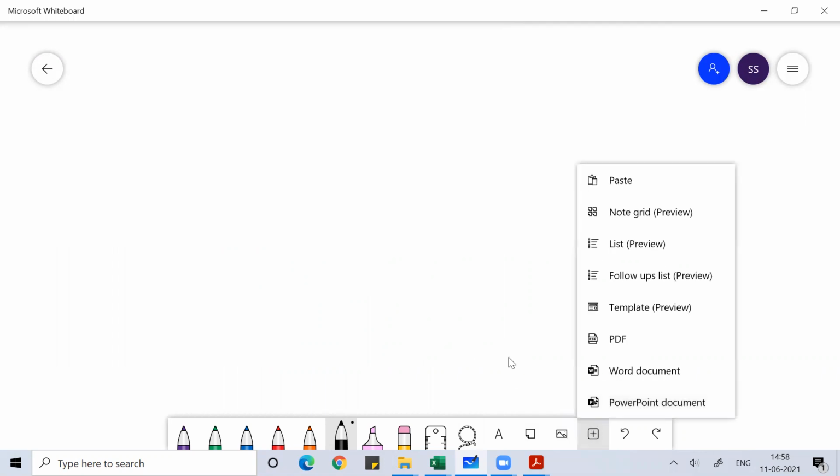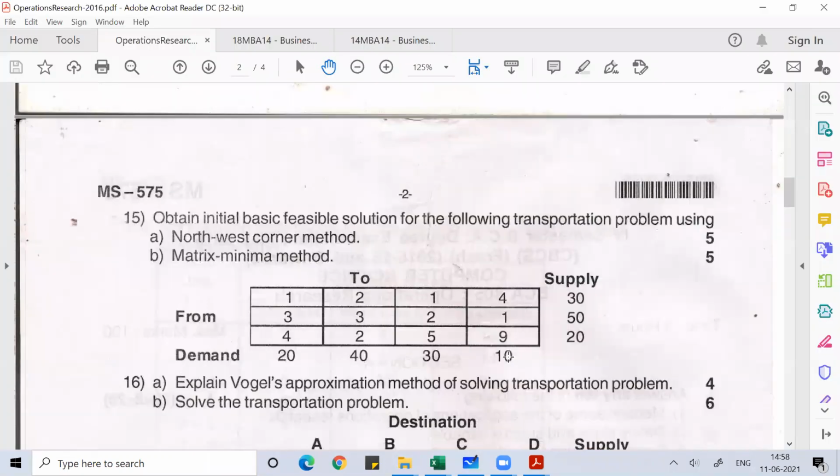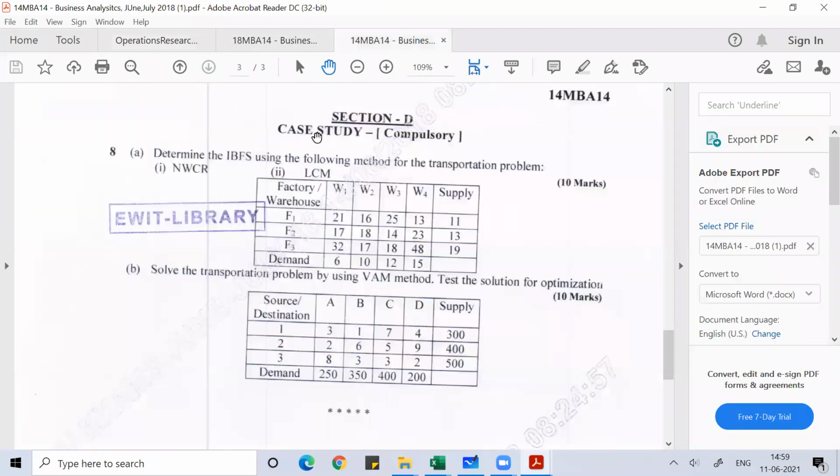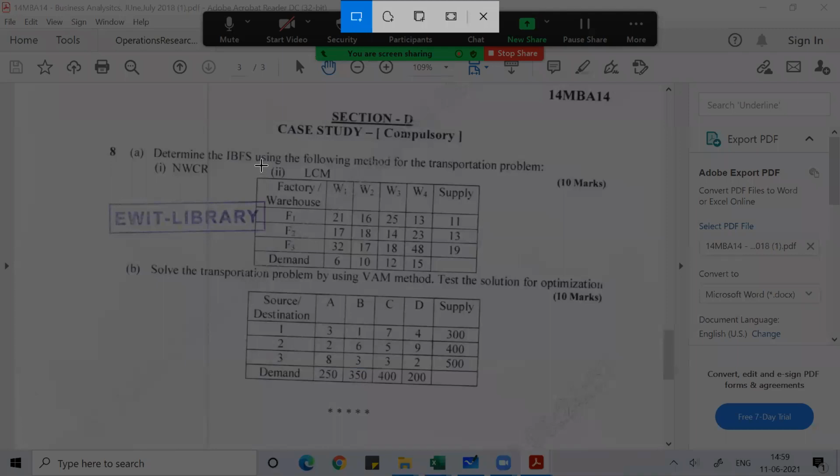Fine. So if I see the next question, this was from the business analytics paper. Same set of questions. Yesterday, if you were in my class, I did this problem: determine the initial basic feasible solution.